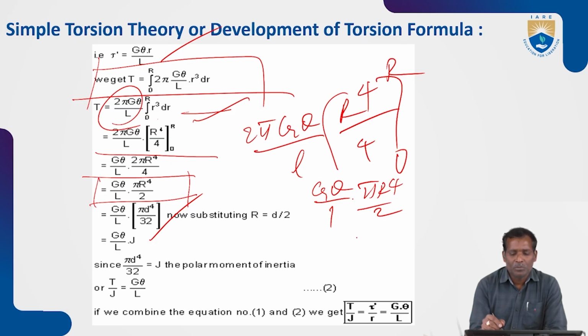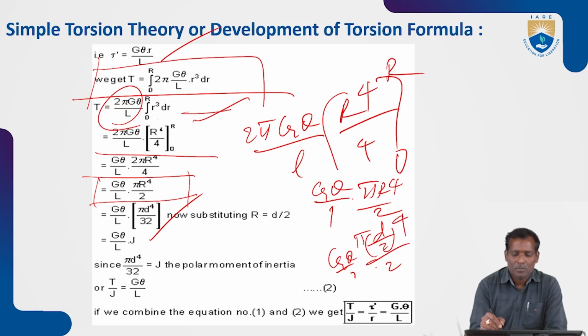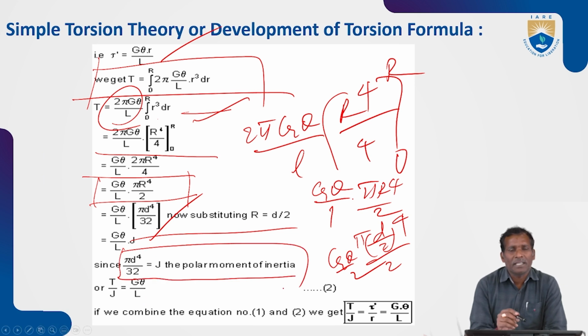In place of r, you can substitute d by 2. Since pi d to the power of 4 by 32 is called J, that is the polar moment of inertia for a circular shaft.